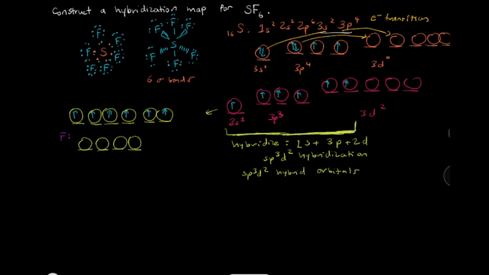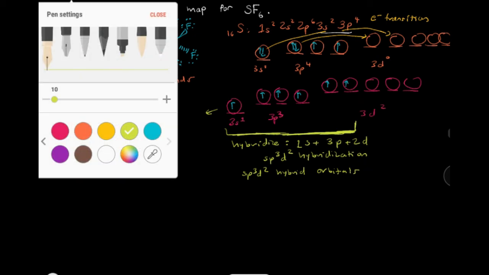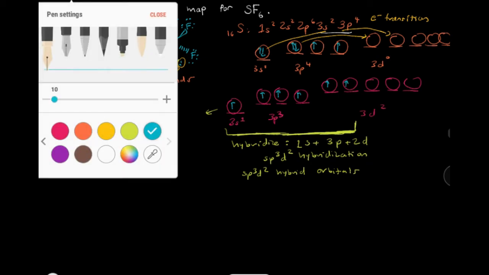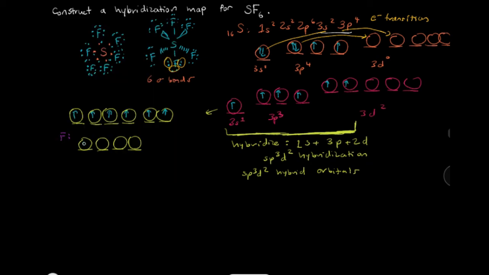The thing about fluorine is that it will have 3 lone pairs, and you can actually see that here. So fluorine will basically look like this. Each fluorine will have 1 half-filled orbital, right?